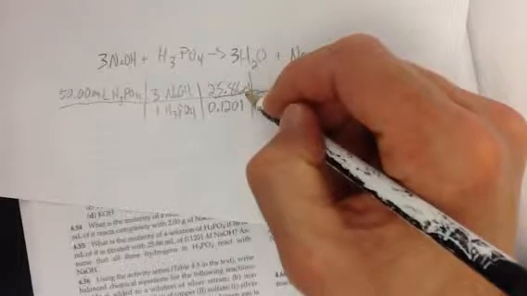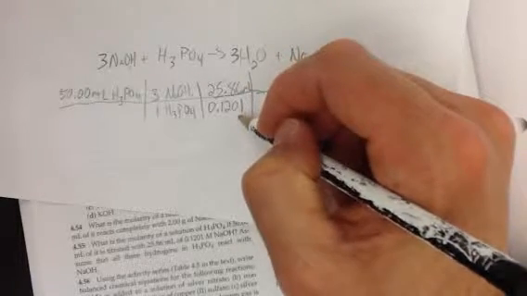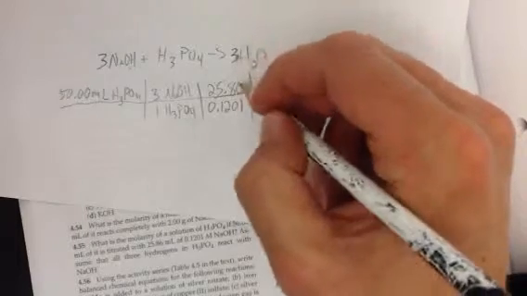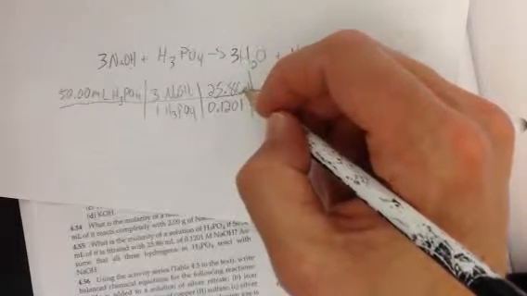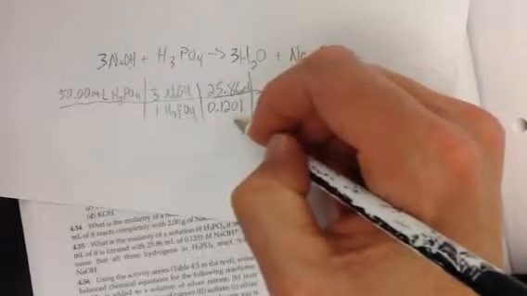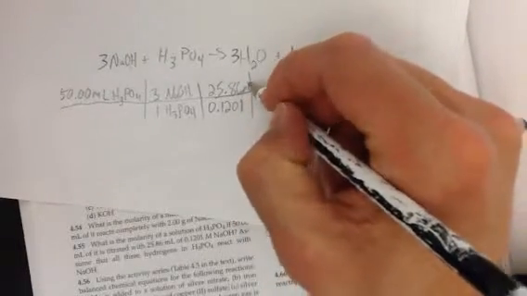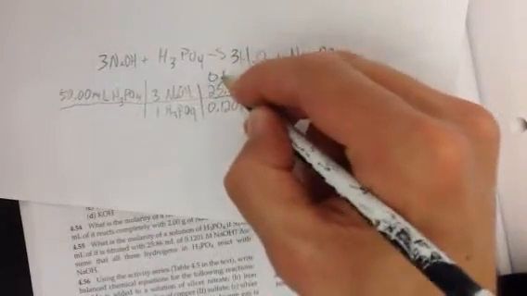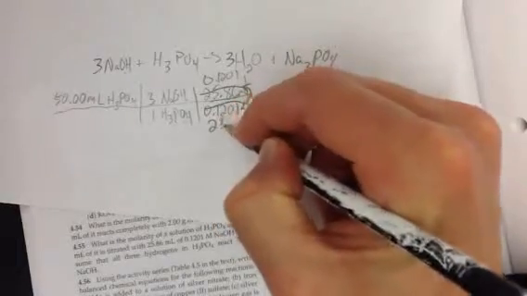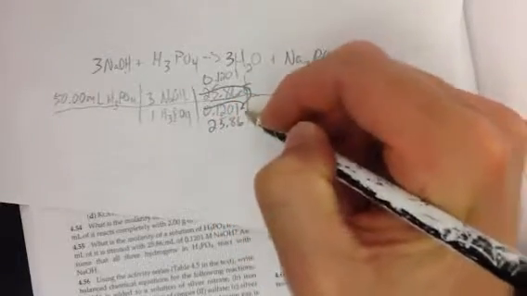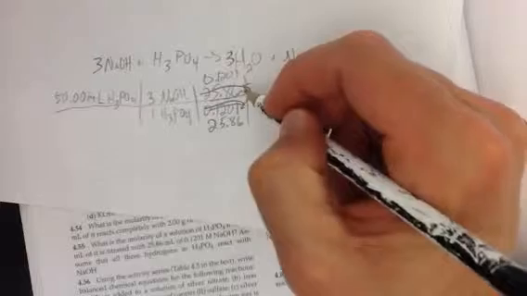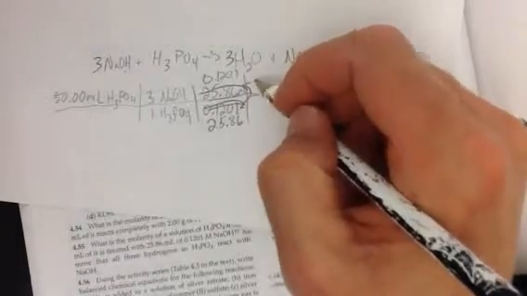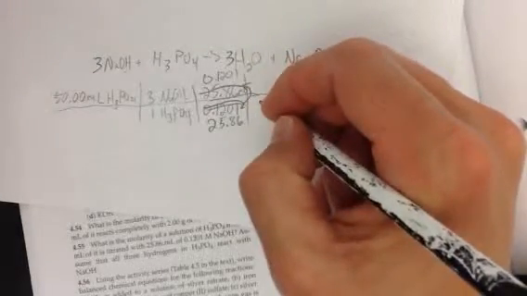No, I'm sorry, hang on, I did that backwards. What do I want to do? I want to multiply by the, do I have this backwards? This should be 0.1201 over 25.86, and then solve. What do we get when we solve? Does someone have that answer?